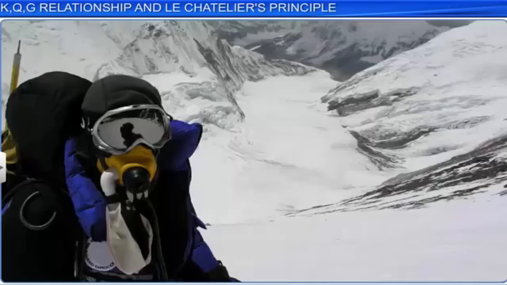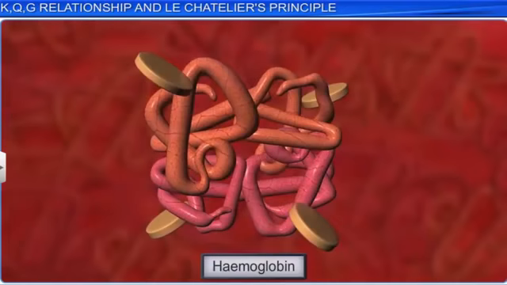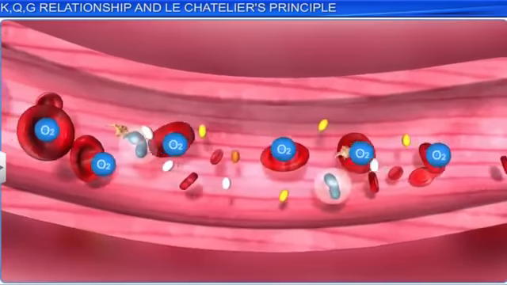Have you ever wondered why mountaineers carry oxygen cylinders with them while climbing high mountains? You know that hemoglobin, a protein containing iron in the red blood corpuscles of blood, is responsible for the transport of the oxygen to the cells.